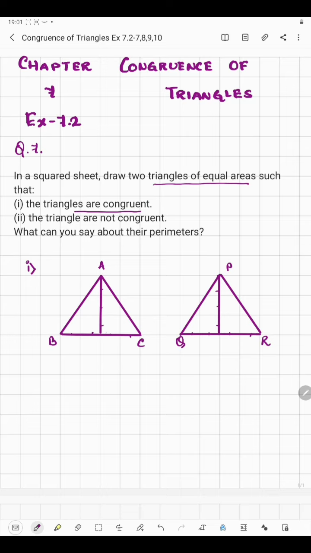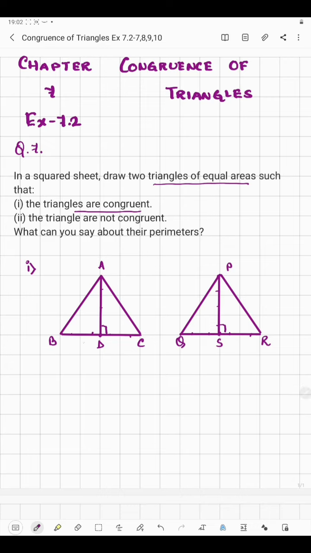Here we have drawn the height. Say this is AD, at the midpoint of BC. Similarly, we have drawn the height PS from point S, which is the midpoint of QR. So this PS is the height of the triangle PQR.